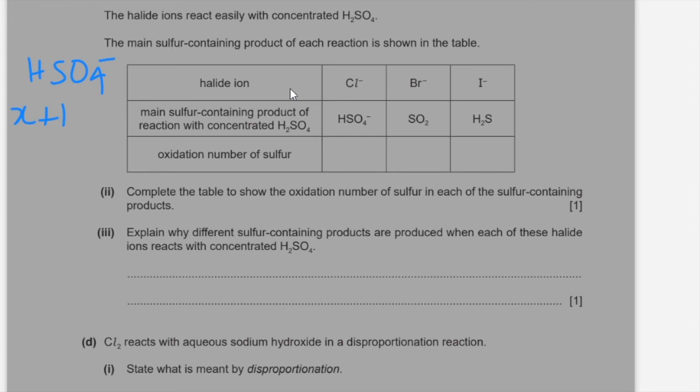Hydrogen has a charge of +1, oxygen has a charge of -2, and since there are 4 oxygen atoms, we'd have -2 times 4, and the sum of that gives the charge of the ion, which is -1. This forms an equation: x plus 1 minus 2 times 4 equals -1. When you solve that, you'd have x minus 7 equals -1, and therefore the oxidation state of sulfur is +6 over here.